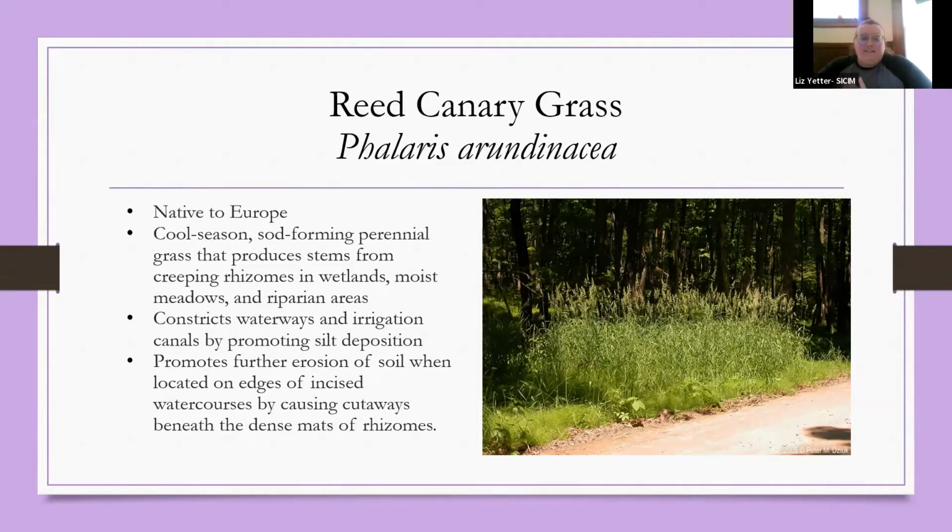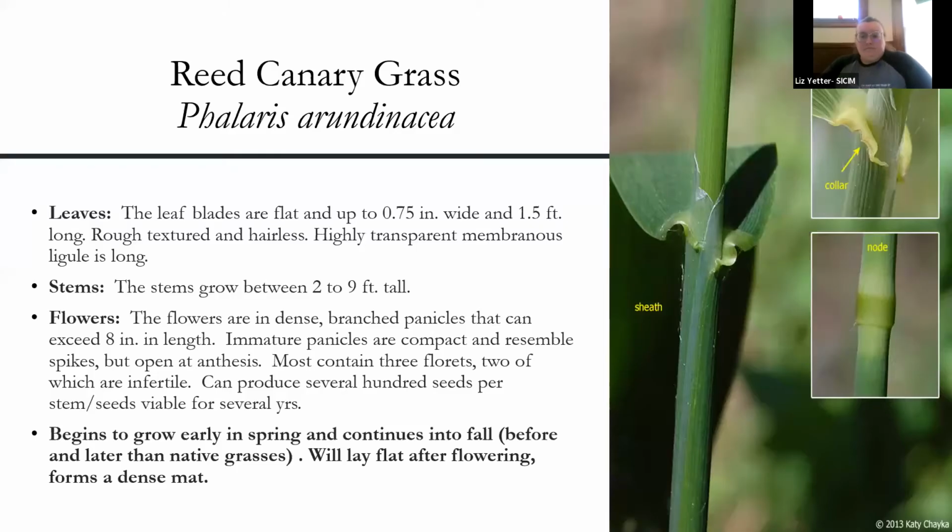And it really creates this dense, thick mat, both in the rhizomes, but also in how the plant grows. When it starts to die for the year, it kind of folds in on itself. If you've ever been in a field with reed canary grass, trying to walk through it can be very difficult. So we got some great up close of the big identifying characteristics for this one.